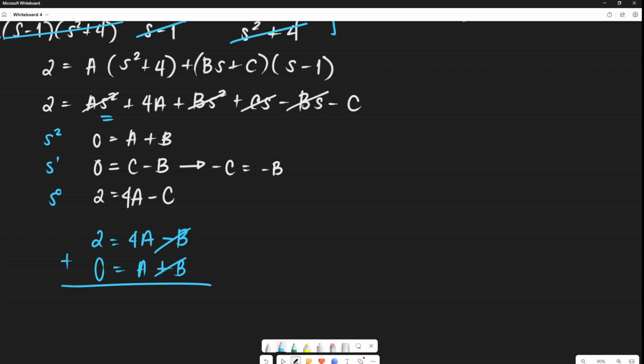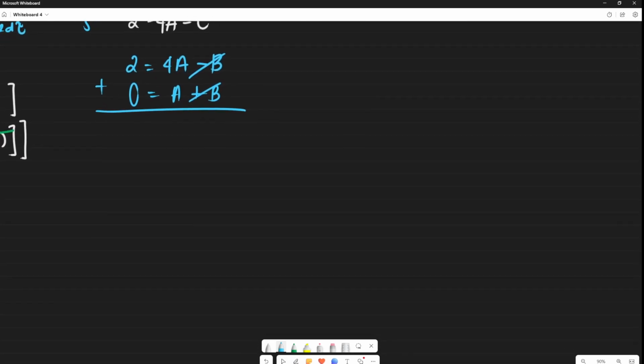So this will become 2 is equal to 5A, divide both sides by 5.